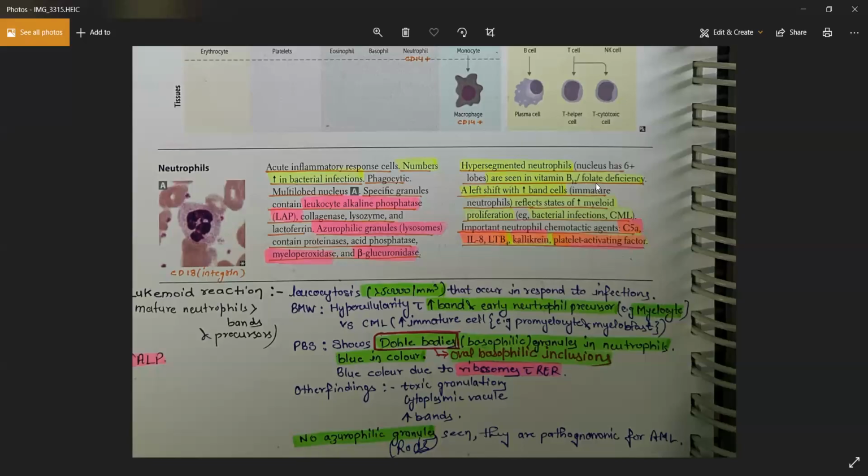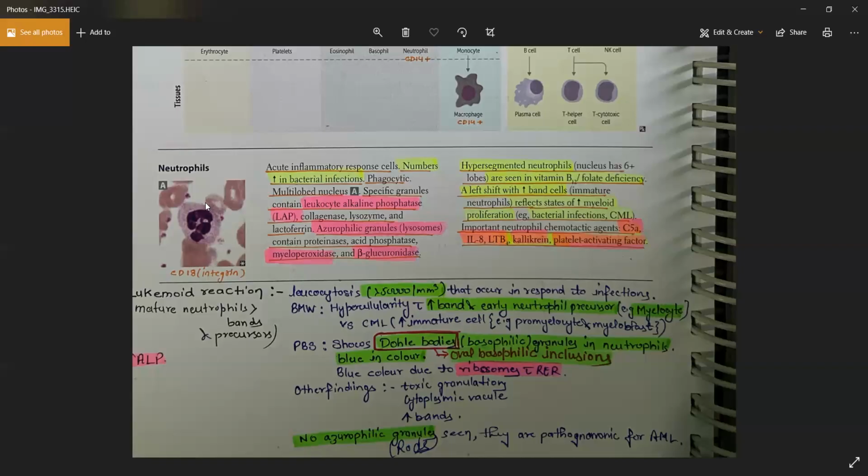See what happens at the time of formation of these neutrophils when they are immature. At the time of immaturity, they have a larger number of lobes, and as the neutrophil matures, the number of lobes starts decreasing. But you know that for maturation they require nucleotides, and these nucleotides are formed with vitamin B9 and vitamin B12.